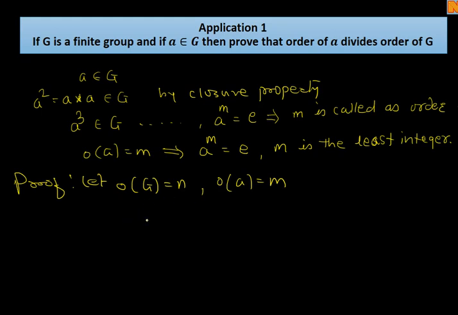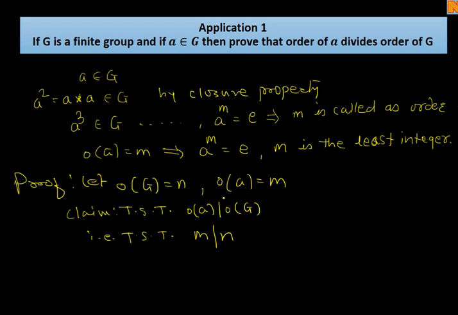In this application, we have to show that the order of A divides the order of G. That is, order of A is m, so we have to show that m divides n. This is our final target, to show that m divides n, right?